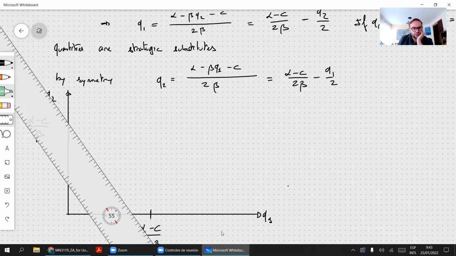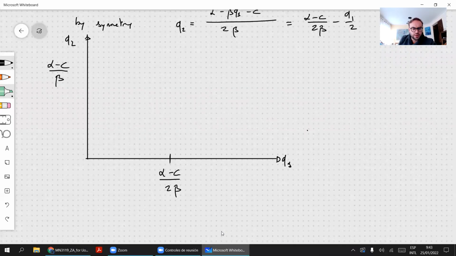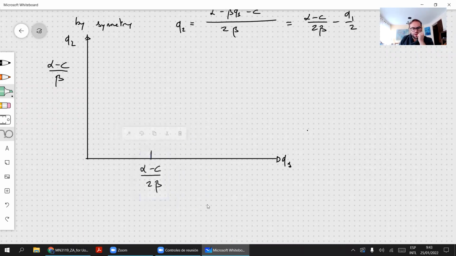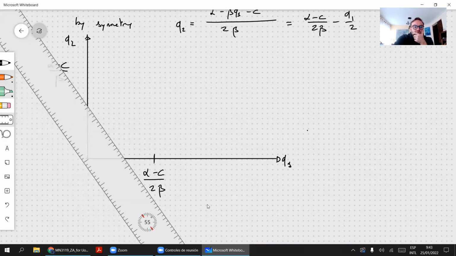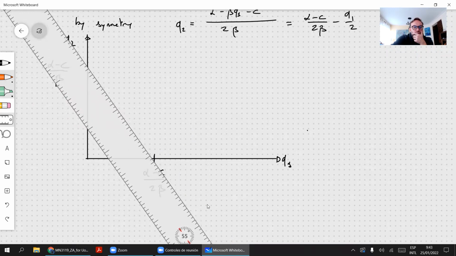So I'm gonna move things a bit. Oh, I should have used some color. There we go. And so the best response function of firm 1, I'm gonna get something like this.